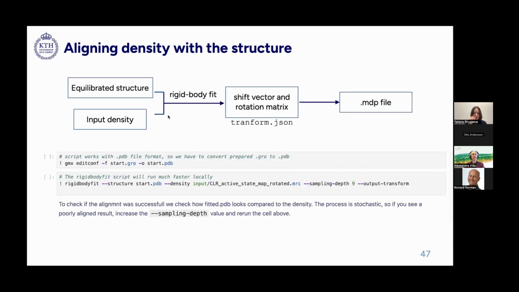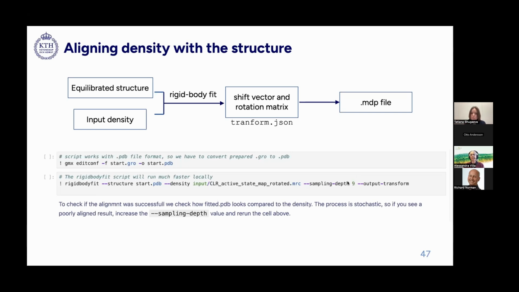How do we use this rigid body fit? We have an equilibrated structure and an input density. We use these two files as input to the rigid body fit script, like in this command: rigid body fit, we provide the structure name, the density name, and a parameter called sampling depth that defines how exhaustive the alignment will be.